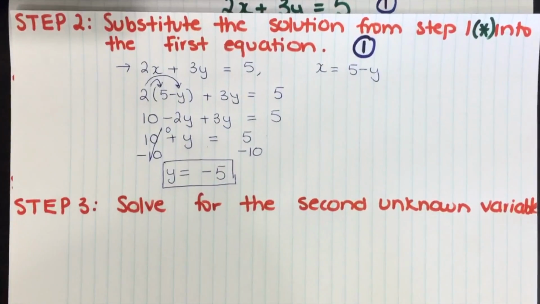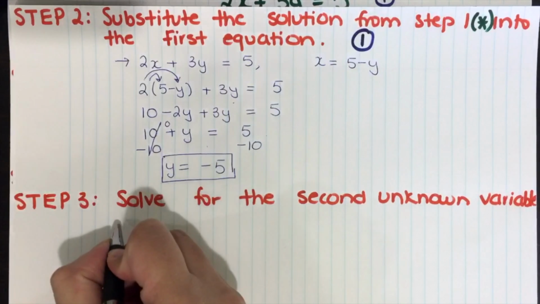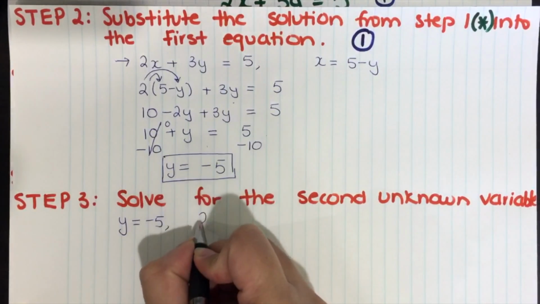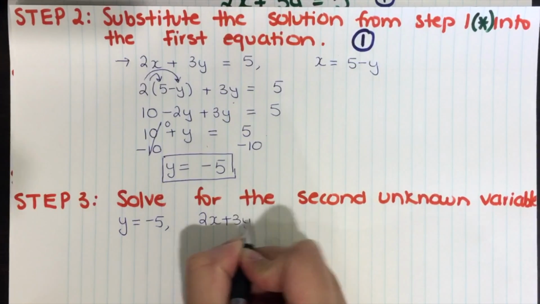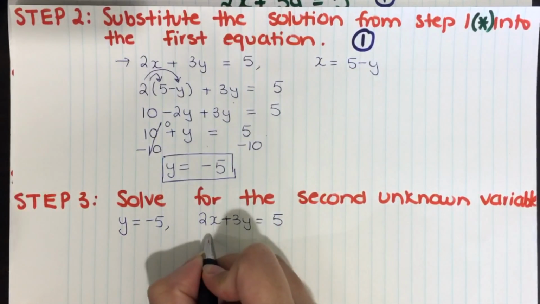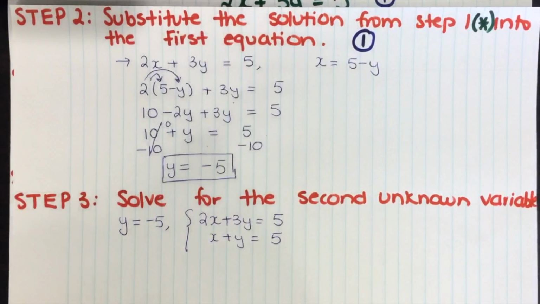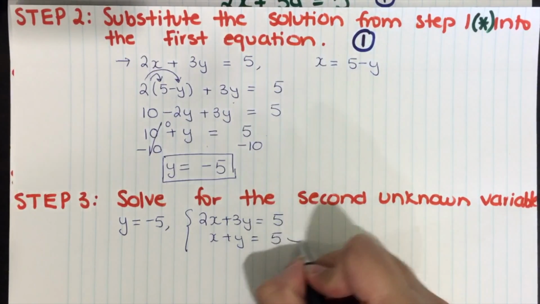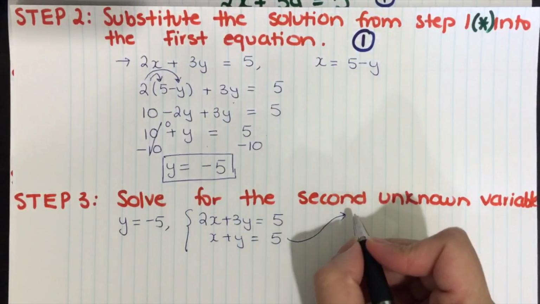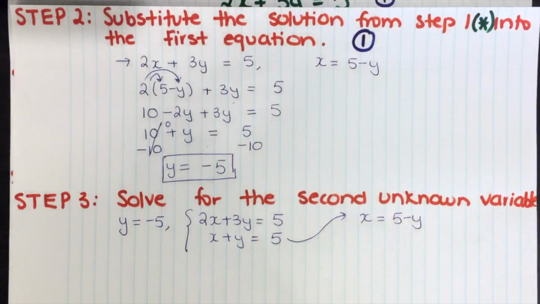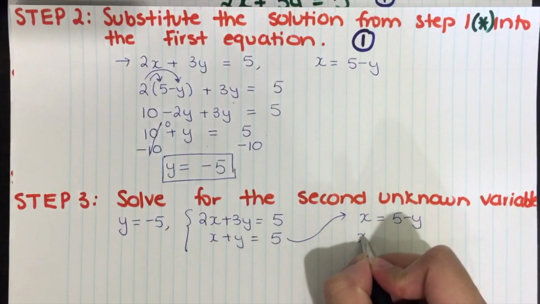Okay, so now let's do that. We know y equals negative 5, and from the two equations we have 2x plus 3y equals 5 and x plus y equals 5. These are our systems of linear equations. From the second equation we rearranged it and got x equals 5 minus y. So now we can just substitute in y and solve for our x variable.